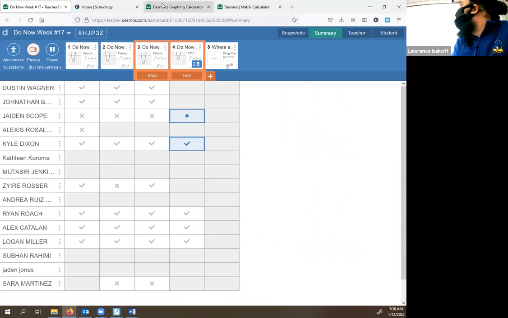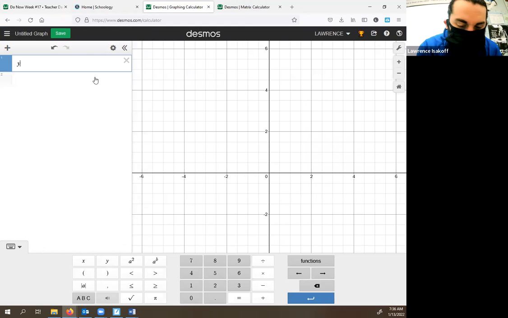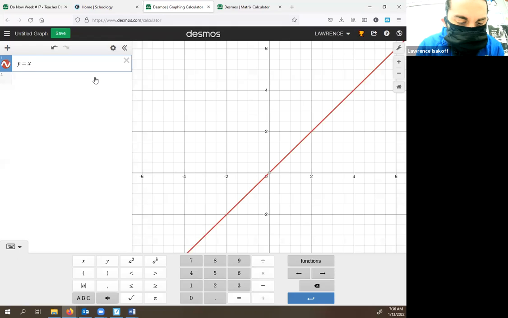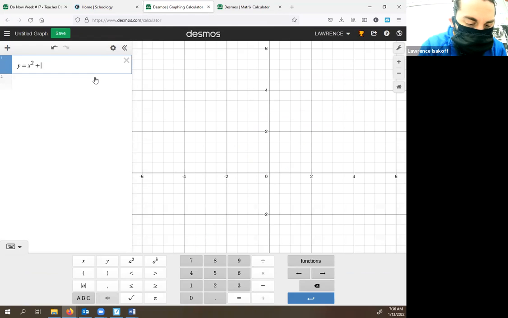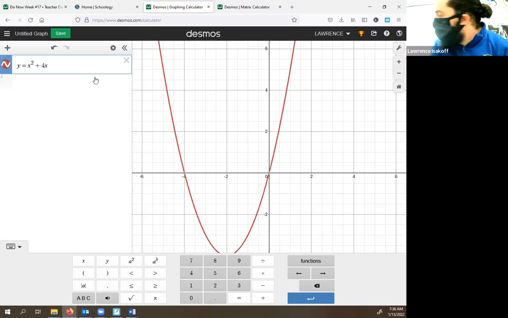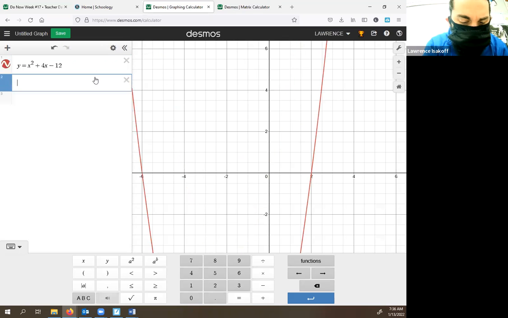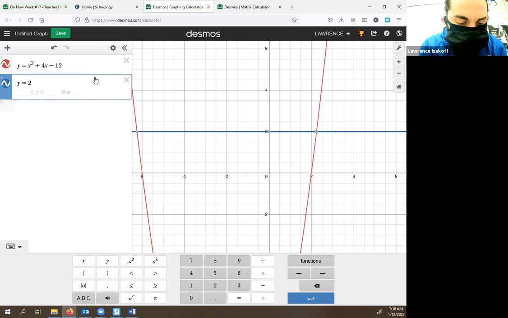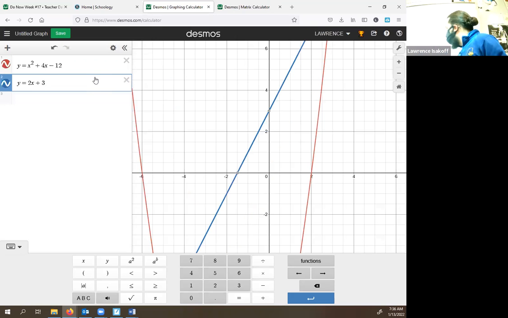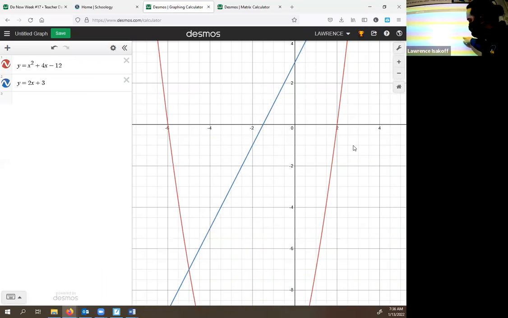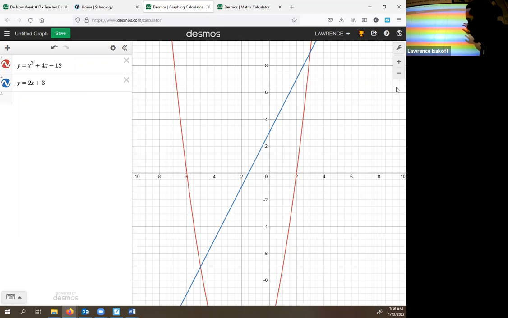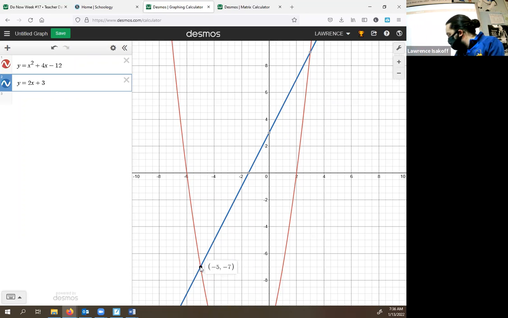If I graph this, there's Desmos, y equals x squared plus 4x minus 12. And I also have y equals 2x plus 3. So when I graph it, I see, well, let's zoom out. Oh, there we go. I was zoomed pretty far in. I see they cross right here.